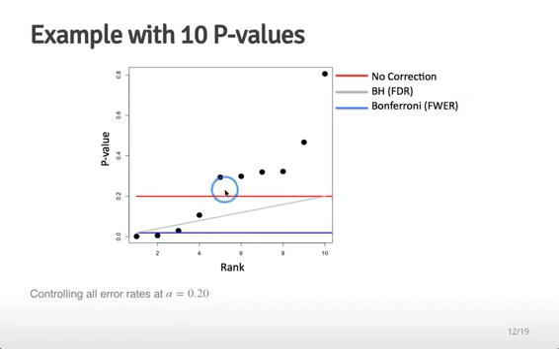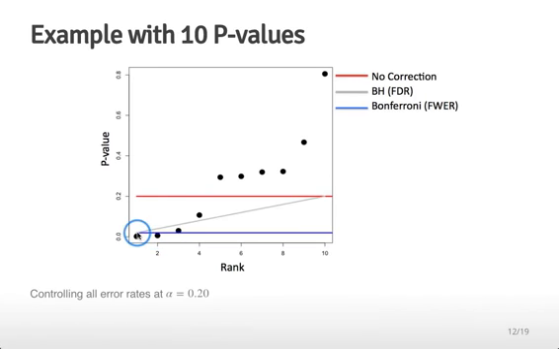So we're going to order the p-values from smallest to largest, and each time we're going to compare it to a linear line where the slope is determined by this alpha level here. And so we actually would just call these first three p-values significant. So we find three significant p-values, and we're controlling a slightly different error measure.